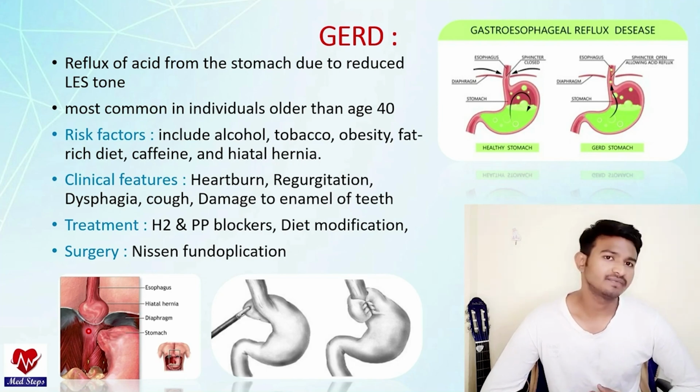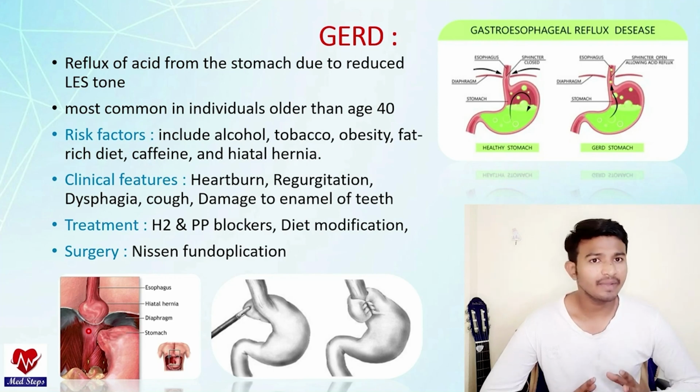Then dysphagia, difficulty in swallowing. Then odynophagia, meaning pain when swallowing. Next, cough, laryngitis, wheezing, and damage of the enamel of the teeth, because that acidic content is coming to the mouth, right? Then the enamel strength will be reduced.